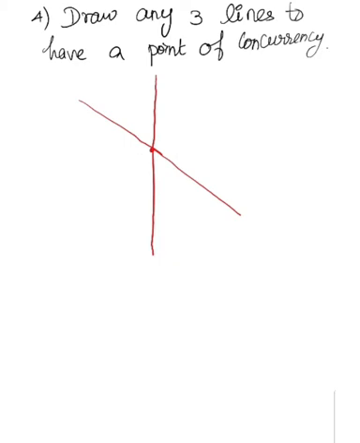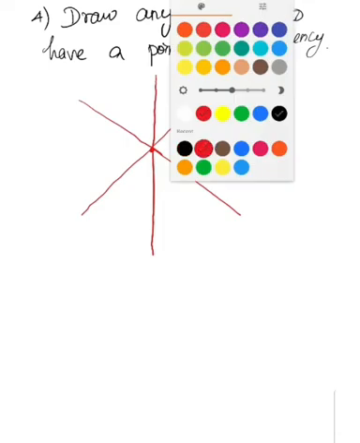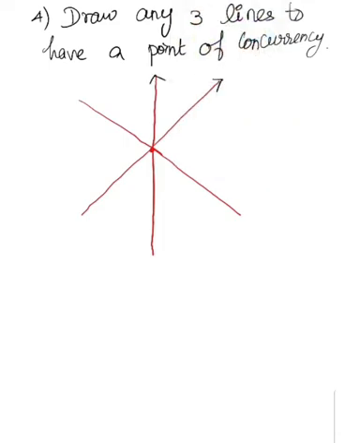So if you want, you just correct it. These are the lines. See, this is the O. I take these as L1, L2, L3.